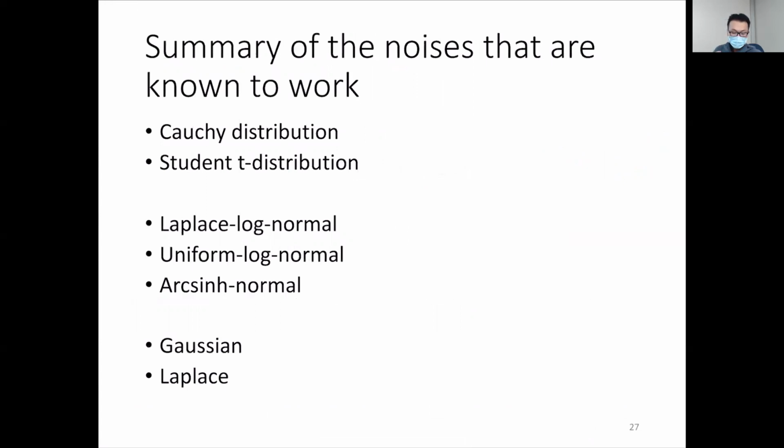The Renyi differential privacy and concentrated DP. So as a summary, so far we've learned a bunch of things. For Cauchy distribution, we can get pure DP, and Thomas and Mark further show that if you draw from the Student t distribution, which is easy to sample and has a lot of applications in statistics, you can get pure DP.